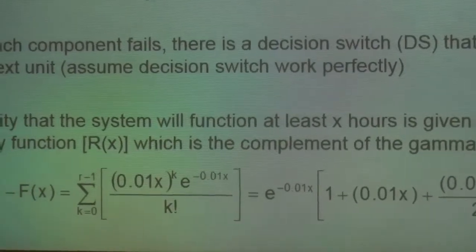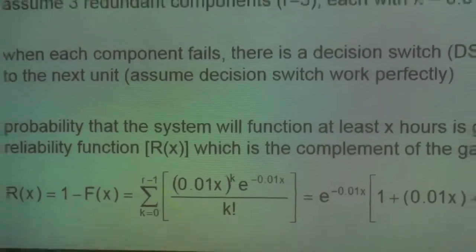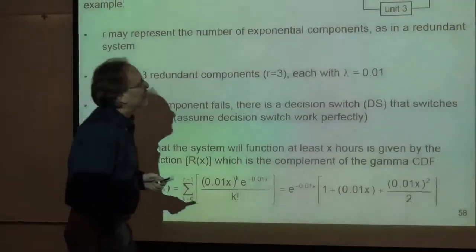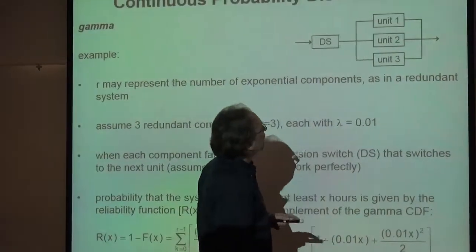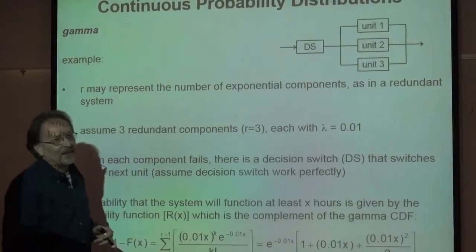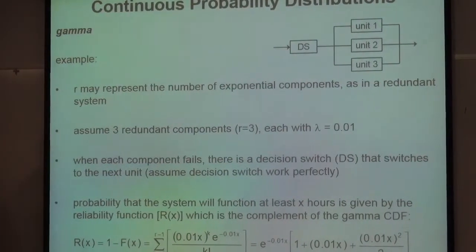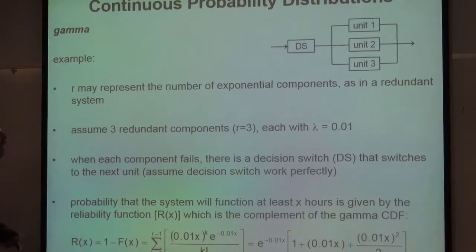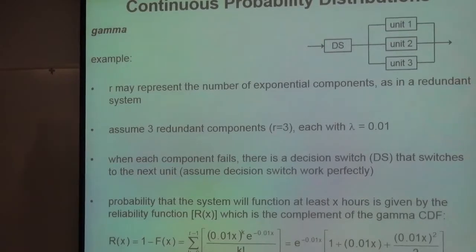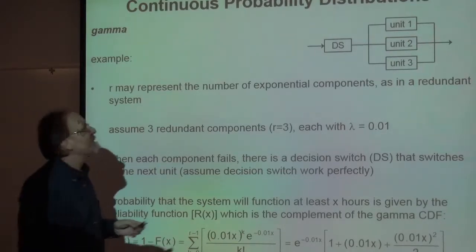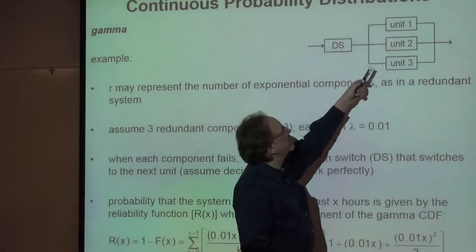This do worry about. So let's say that we have parallel components, where we have 3 components. Each one of those has a failure rate of lambda. It's the same failure rate, same components. And we have a switching system, which as soon as unit 1 fails, switches to unit 2, and when unit 2 fails, it switches to unit 3. So it will automatically switch from 1 to 2 to 3.